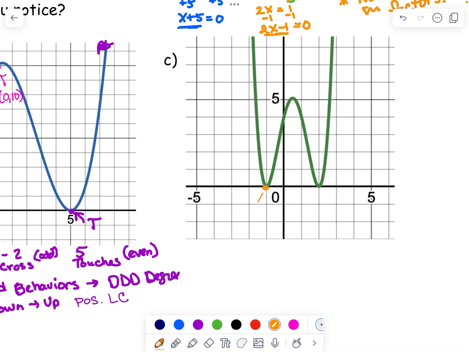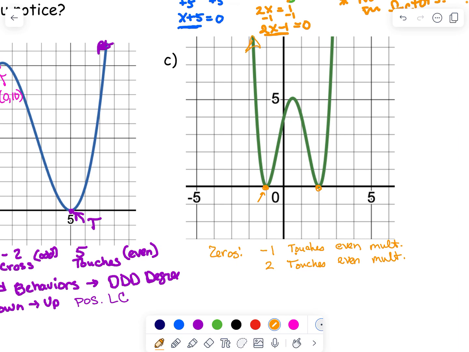We have this one. So our zeros are -1, and it touches, right? It touches, so we are just going to know that that has an even multiplicity. And we know that this guy right here is 2, and that also touches. So we have even multiplicity on that factor.